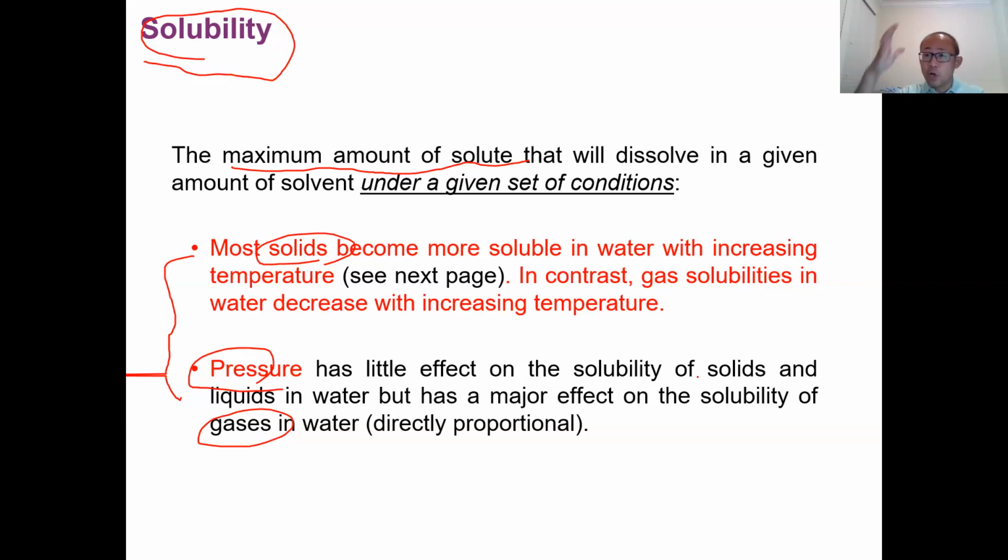Higher pressure means greater solubility, and lower pressure means smaller solubility. That's what we call directly proportional. It means that at higher pressure the gas will be more soluble in water, and at lower pressure the gas will be less soluble. So we talked about how the conditions, temperature and pressure, affect the solubility of liquids, solids, and gases.